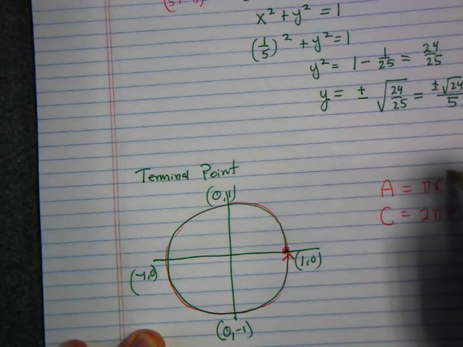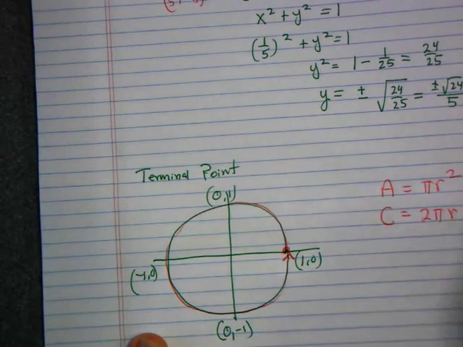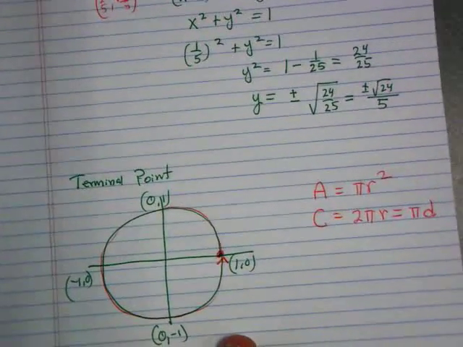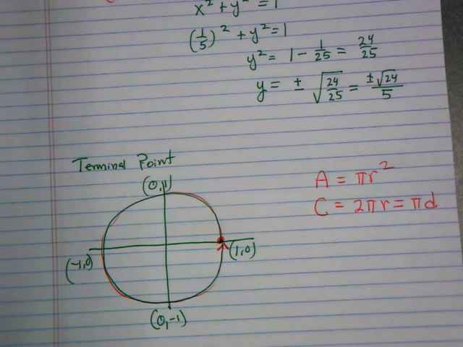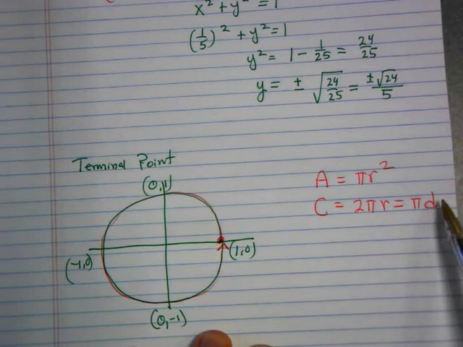Pi r squared. Circumference can also be written as pi times the diameter. How come circumference is also pi times the diameter? Two times the radius is the diameter.